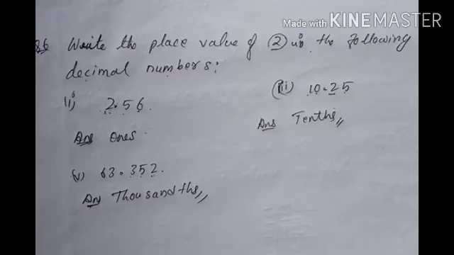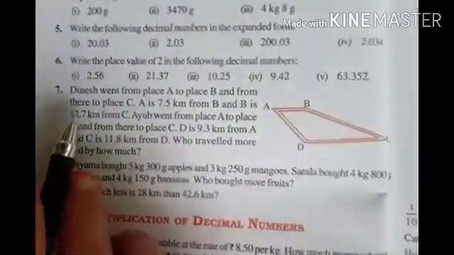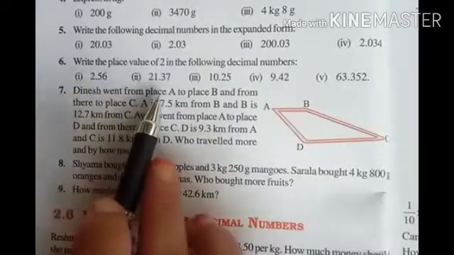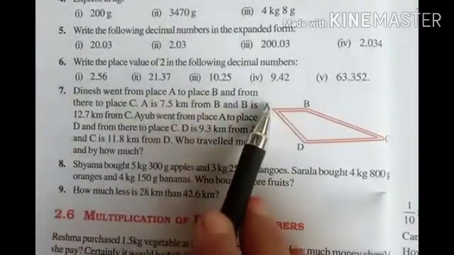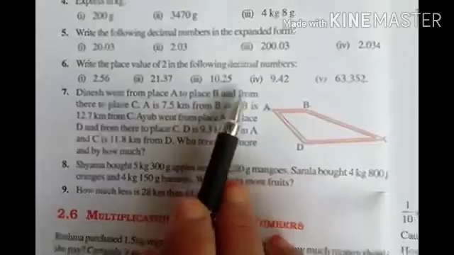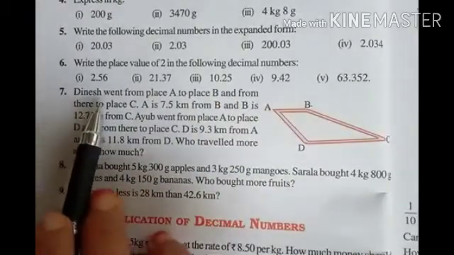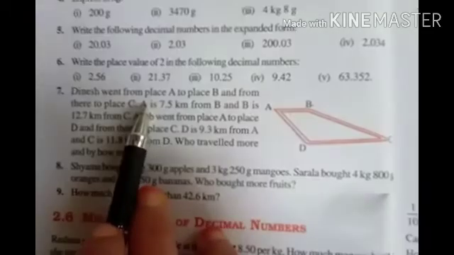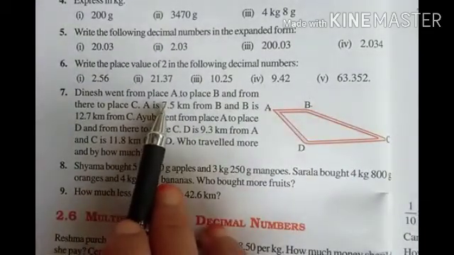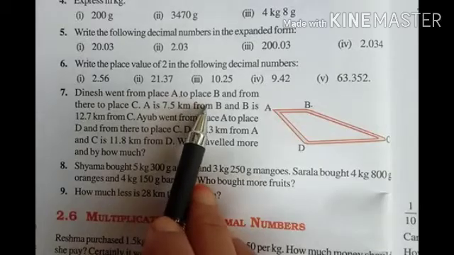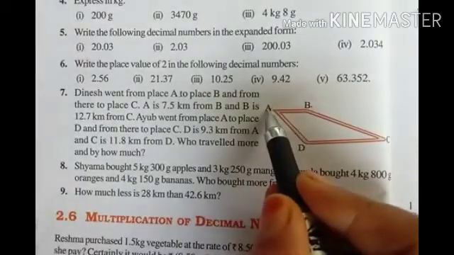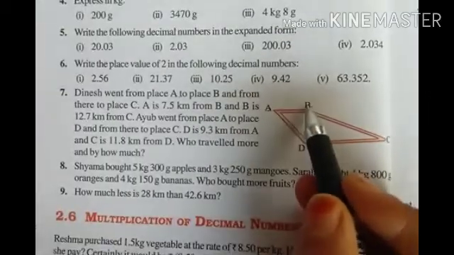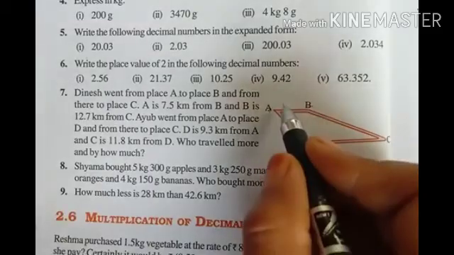Now next question, question number 7. Dinesh went from place A to place B, and from there to place C. A is 7.5 kilometer from B. Means A is 7.5 kilometer from B. That means from B to A, what is the distance?